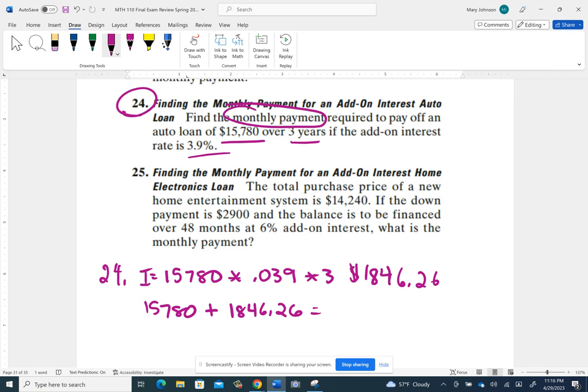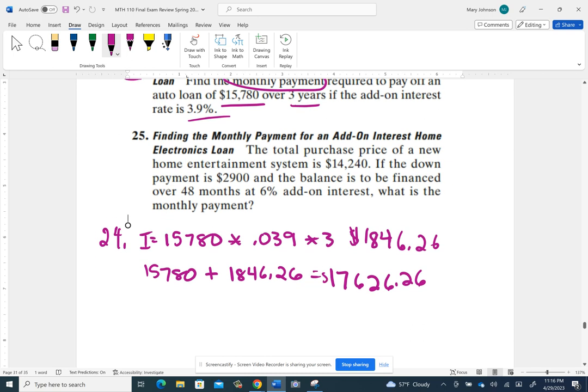Plus 15,780. So they will have to pay back the 15,780 plus that interest. So they'd owe all that back. So that's like the future value of their loan amount.